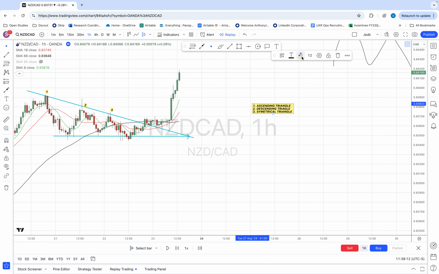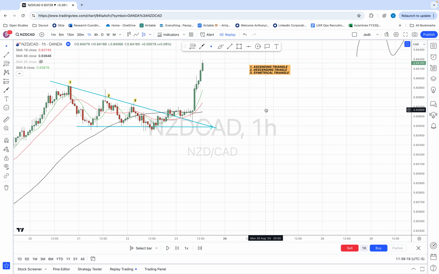An ascending triangle, a descending triangle, and a symmetrical triangle.